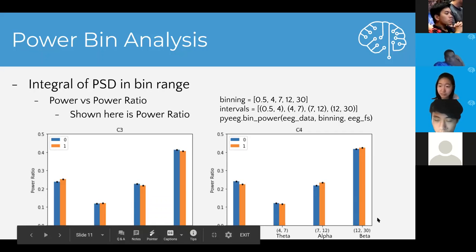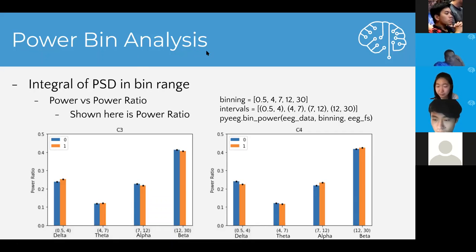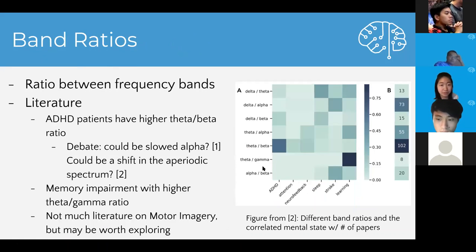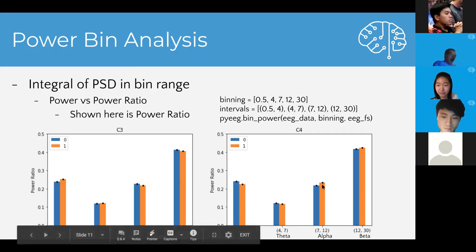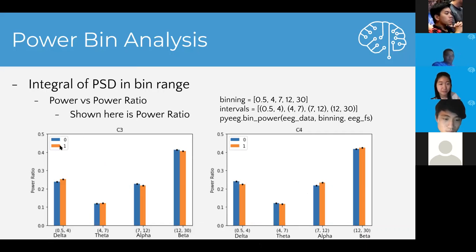So you can see how in the C4, it's slightly less. And then the opposite happens when you think about moving your right hand, that the C3 electrode, because it's on the contralateral side, will be reduced in alpha power. So this is a nice way you can potentially quantify how we can interpret the PSD.